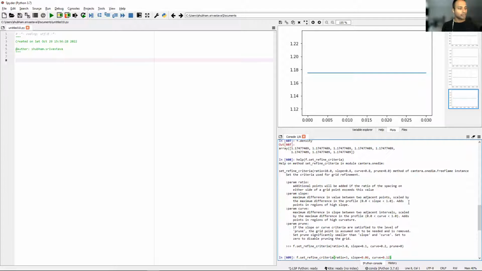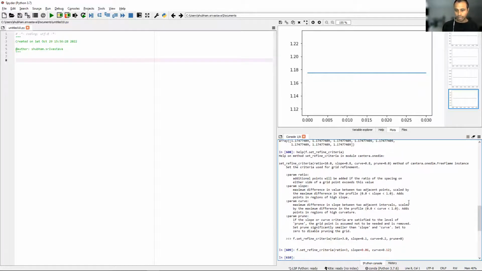These are values that I've seen in my experience work well for the typical flame simulations that I do in Cantera. So we'll just hit the enter key, and now the refinement criteria is set for Cantera.